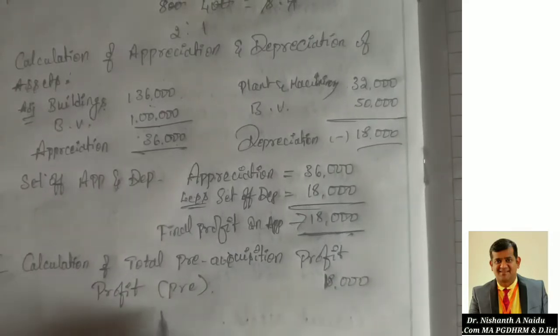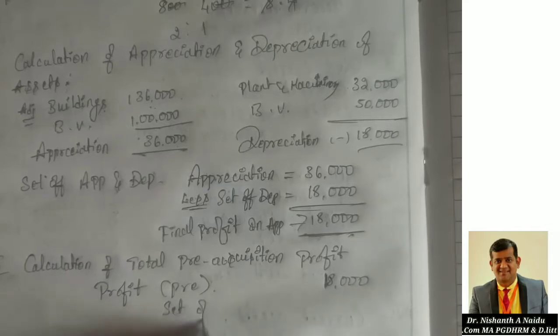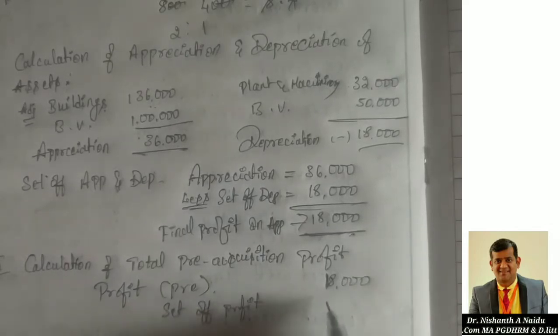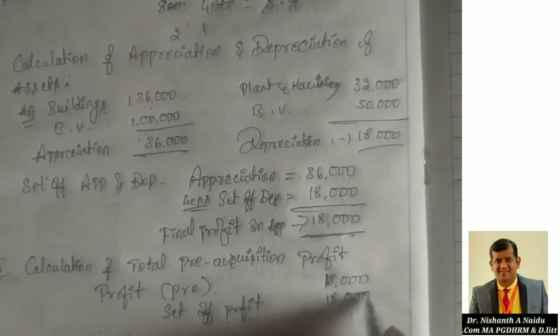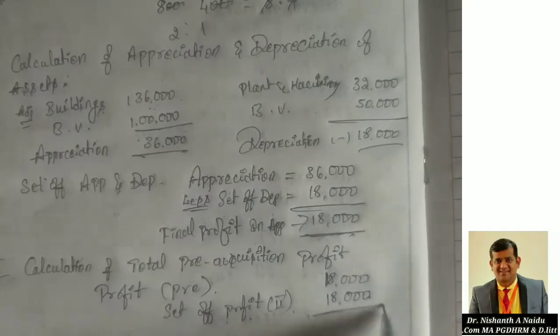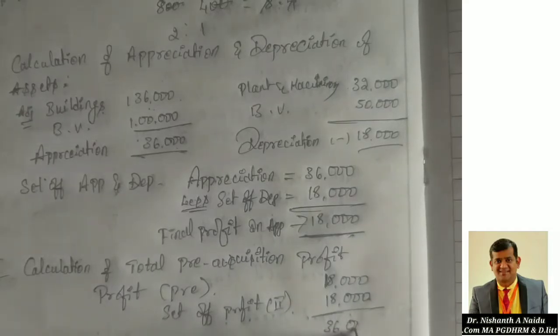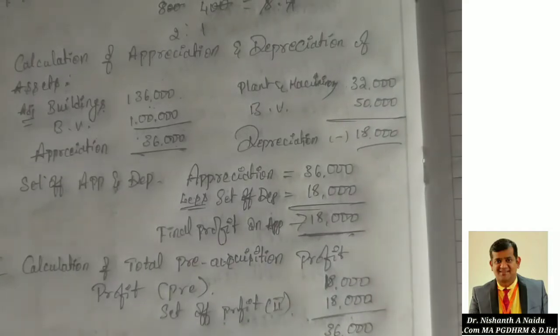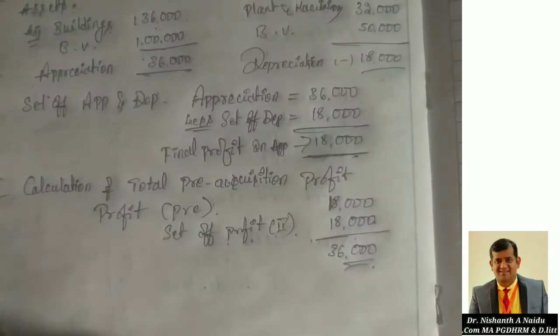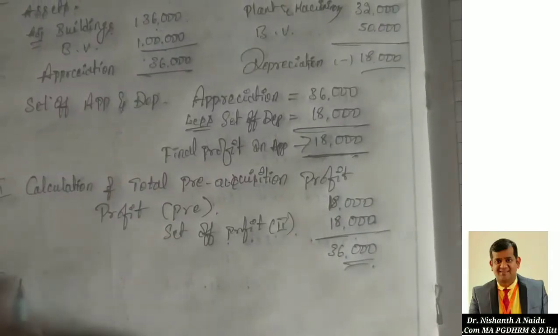Then we have set off profit 18,000, that is by appreciation and depreciation from the second step. So in total we have 36,000. Clear?